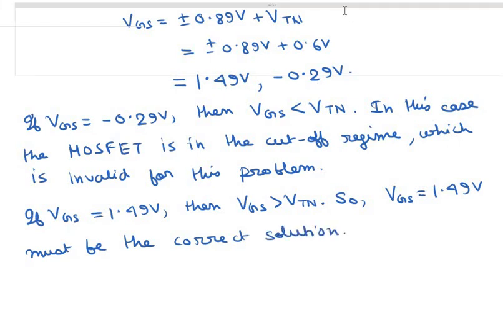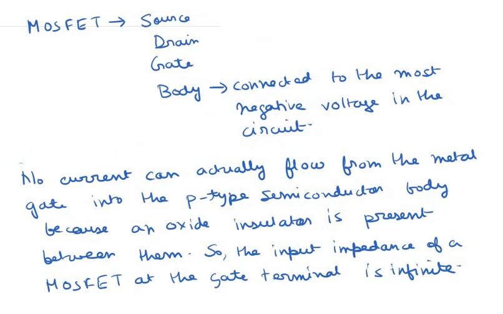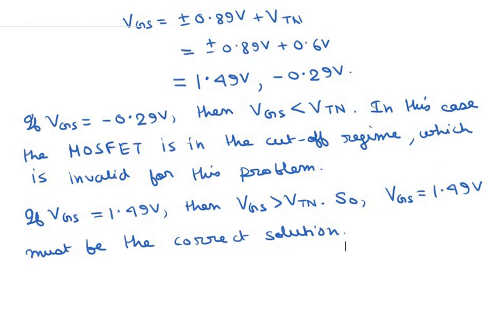Now you are actually asked to find the value of VDS, but we have found the value of VGS. So we have found that VGS is equal to 1.49 volts.